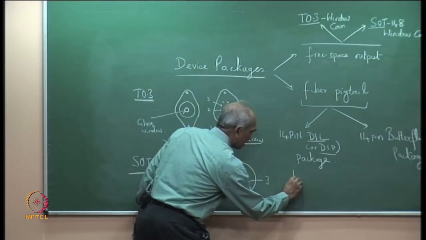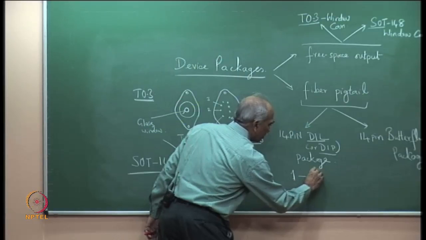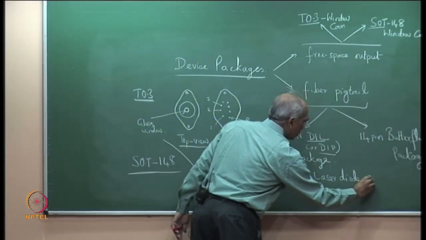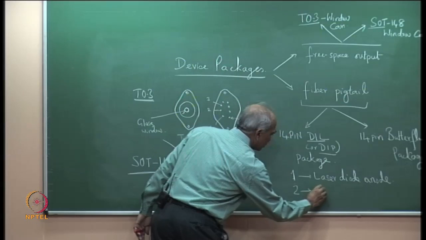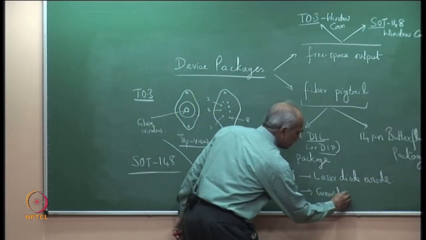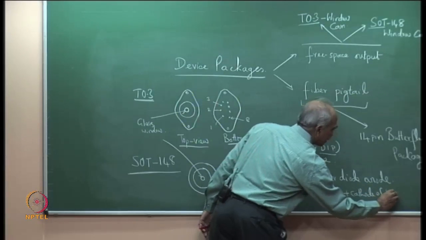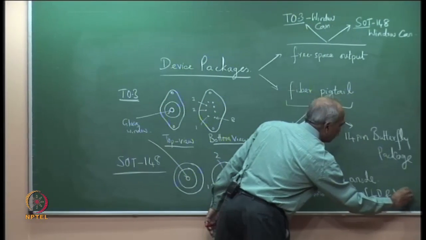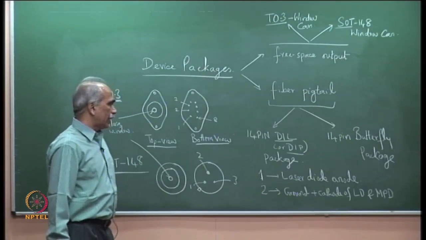The first one is 1, laser diode anode. 2 is common ground, that is case ground, plus the cathodes of the laser diode and the monitor photodiode, MPD.